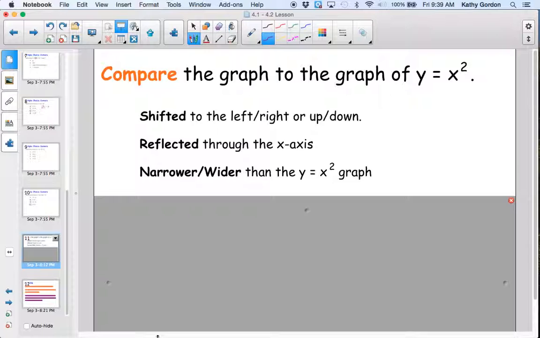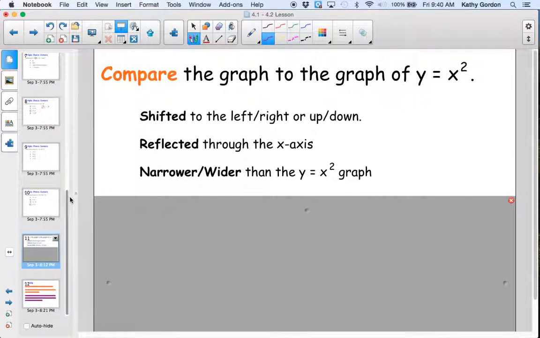Or did you end up with a graph that's wider than what it normally would look like? And you can just use that language. Okay? So the three kinds of things you're going to look for: Did it shift, move around? Did it reflect? And did it get narrower or wider? Okay, we don't need to comment on anything other than that.